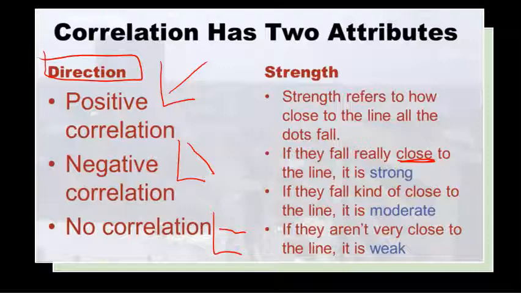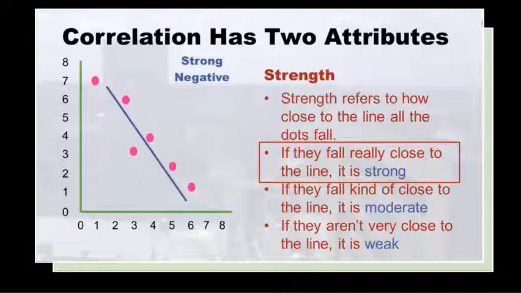If they fall kind of close, but not too close, we would just say that's moderate. But if they're really far away from the line, and aren't very close to the line at all, even though there's still a clear direction that it's going up or down, we would say that is weak.